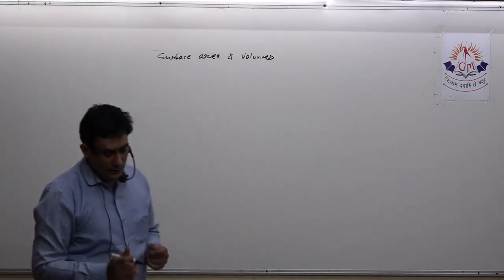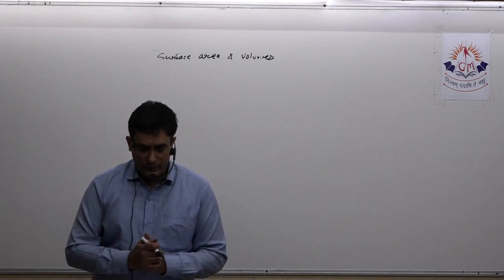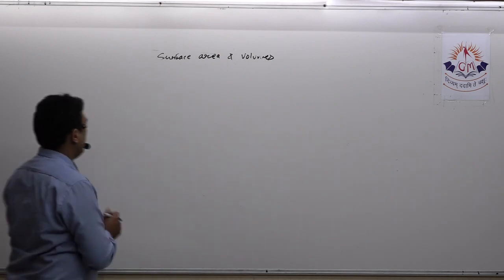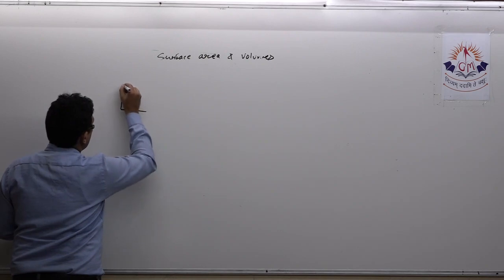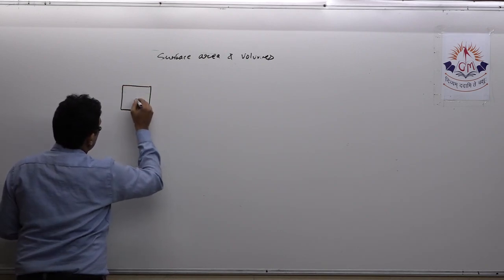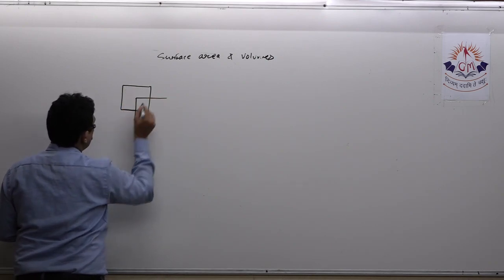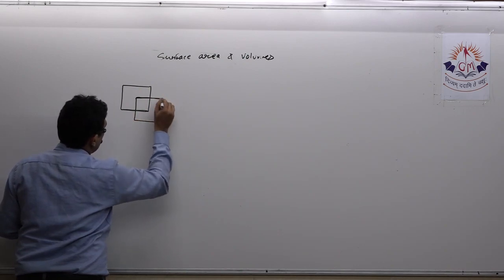So let us see, the very first question: two cubes whose volumes are given are joined end to end, and you have to find the surface area of the resulting cuboid. The edge of each cube is not given directly, but as the volume of the cube is given, it is possible to find the edge of each cube.